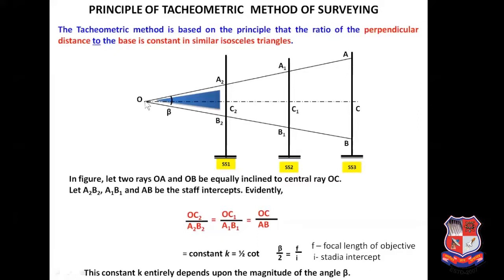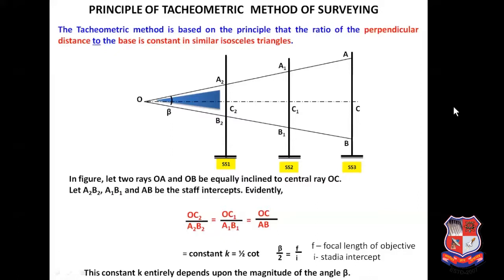One is OA2B2, second is OA1B1, third is OAB. These three triangles are isosceles triangles.